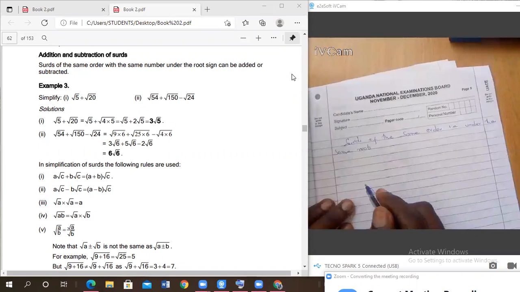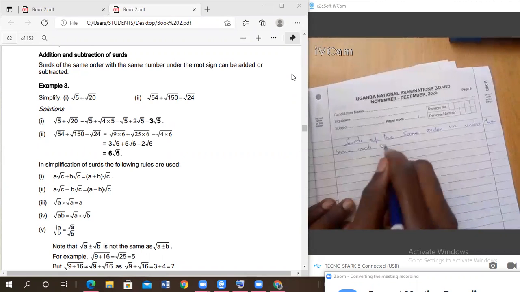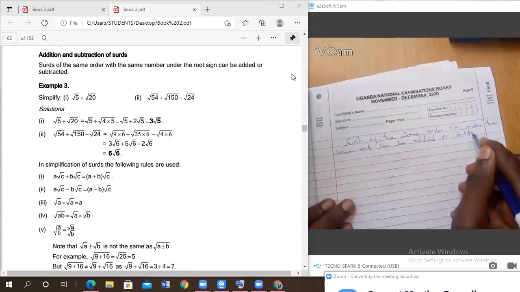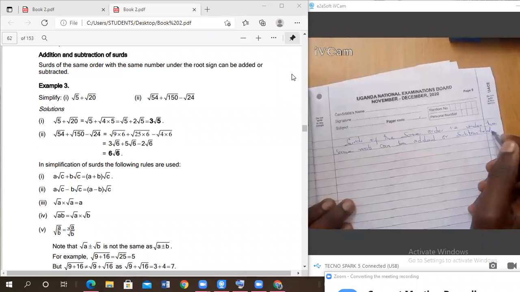Surds under the same roots can be added or subtracted.